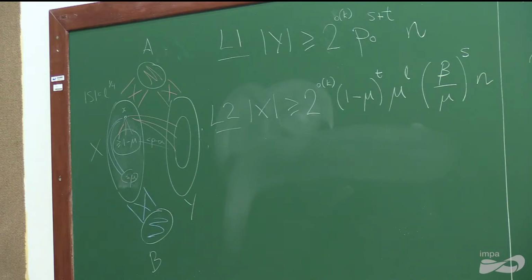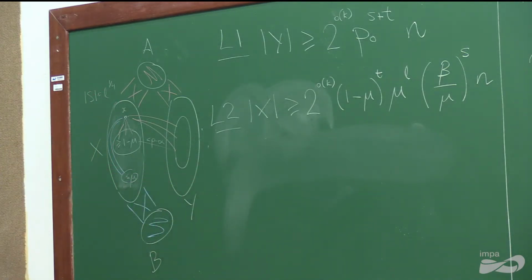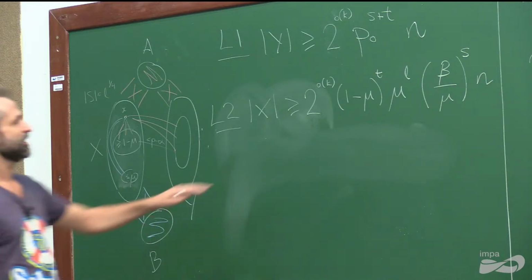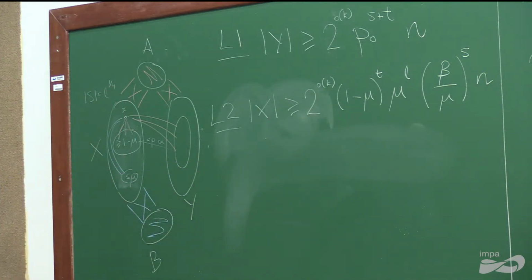And so they won't matter too much. They will all be absorbed in this 2 to the little o(k). And because we're winning in the end by exponential factors, this little o(k) won't bother us. Okay, is this okay? Everyone happy?